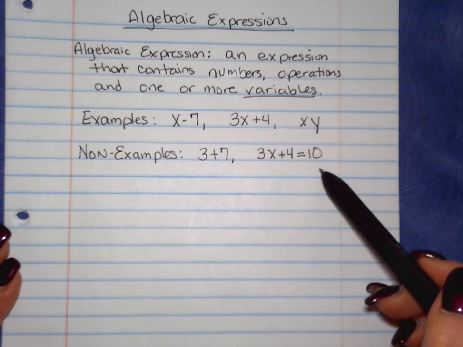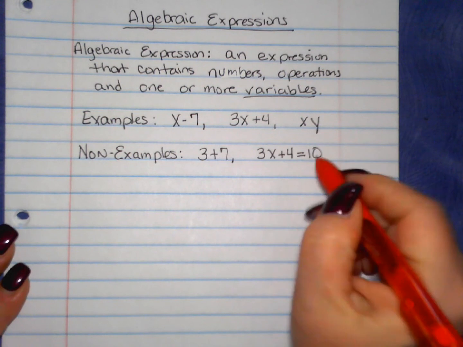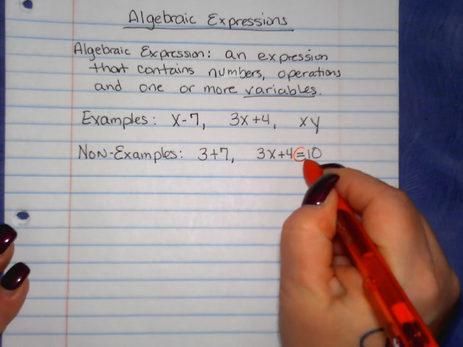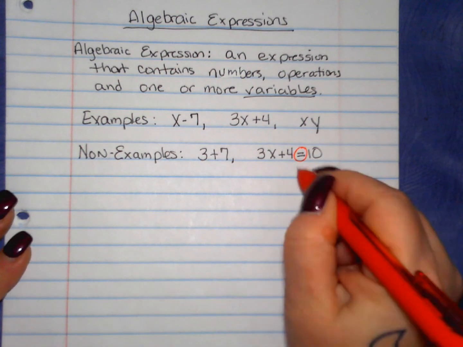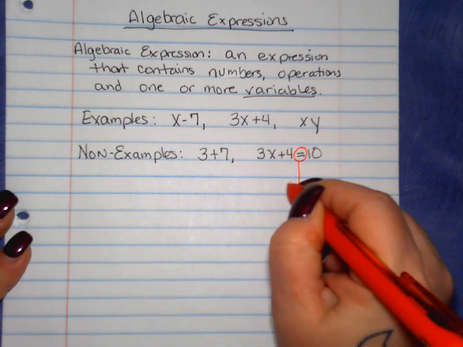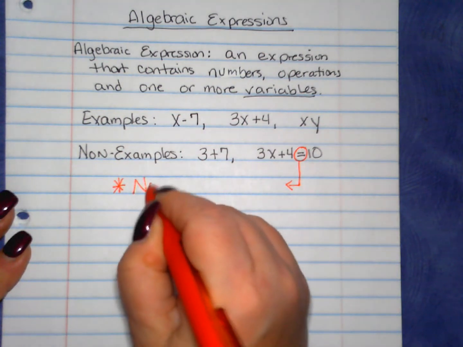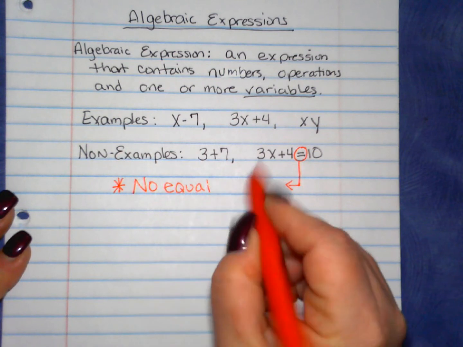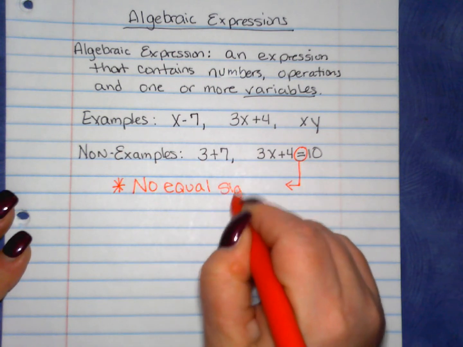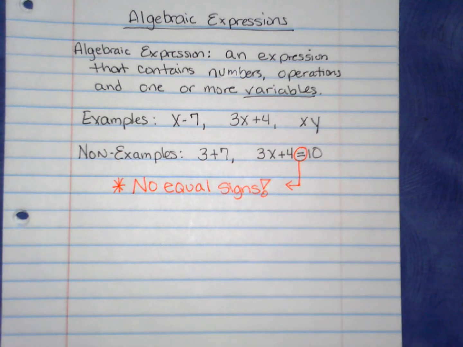Well, the reason why this is not an expression is because it has this guy, the equal sign. Okay? So this is really important. There are no equal signs in an expression, okay?